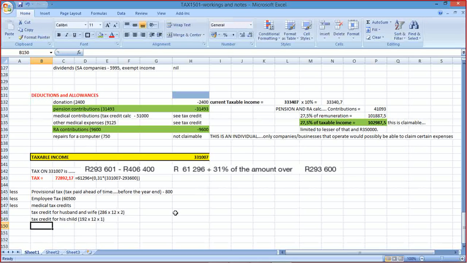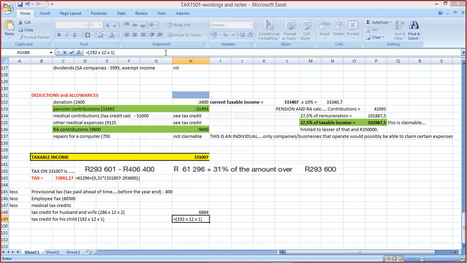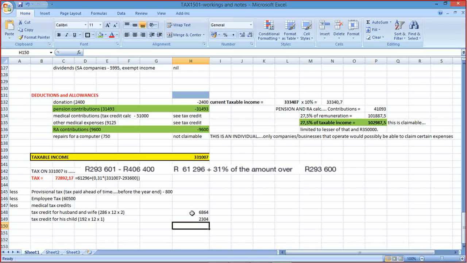Okay, so what are those tax credits? Well, let's work them out. Okay, there's the one amount. There's the other amount. Okay, so there's the wife, and there's the kid. Right, and that makes up the 2. Does that make sense? Yeah.